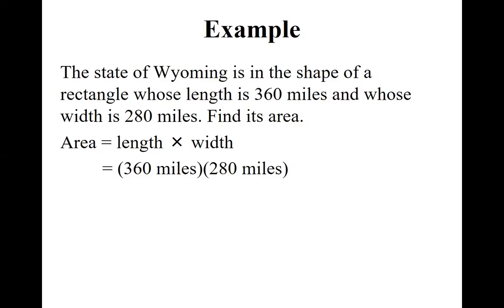In other words, one placeholder 0 on the second row, 2 placeholder zeros on the third row, and you get 100,800. And that's square miles, because remember, our visual. That's how many squares there are that are mile by mile long.